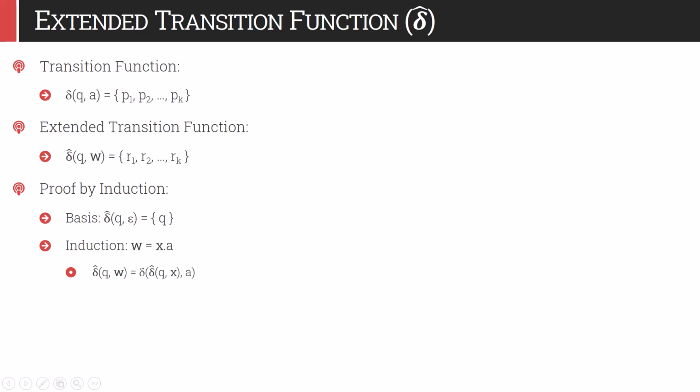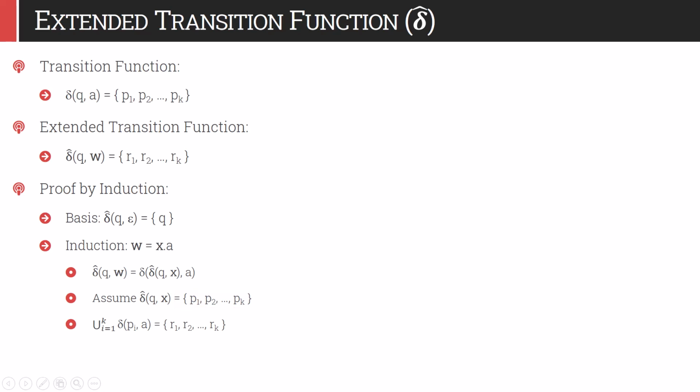Now we know that when we apply the transition function delta Q comma A, the output is some set of states P1, P2 up to Pk. So we can drop this transition function and replace the output with P1, P2 up to Pk. And if we repeat the process for all these P1, P2 up to Pk states, then we will get the desired set of states R1, R2, Rk.